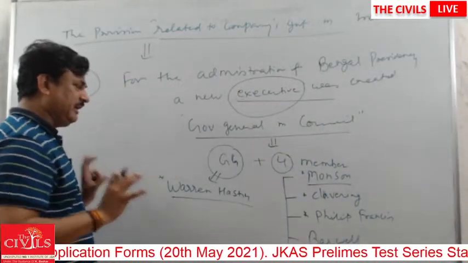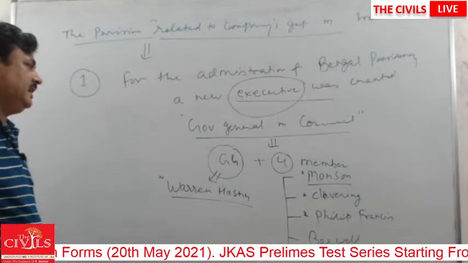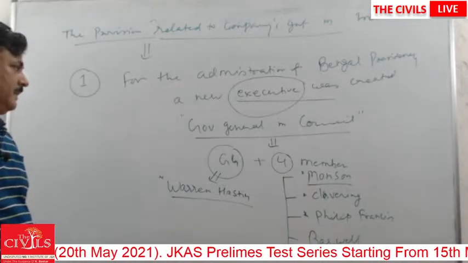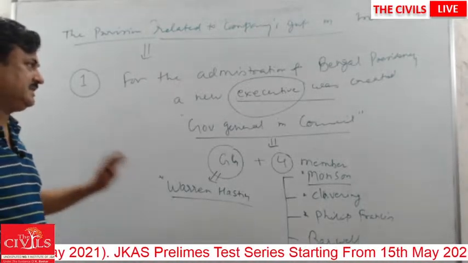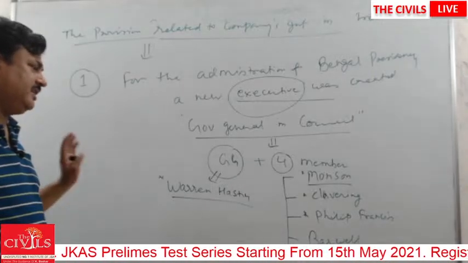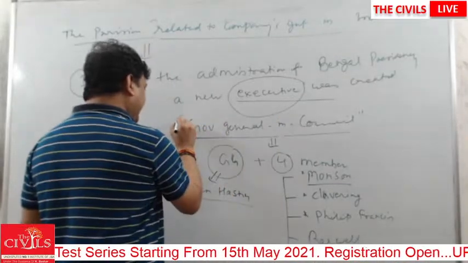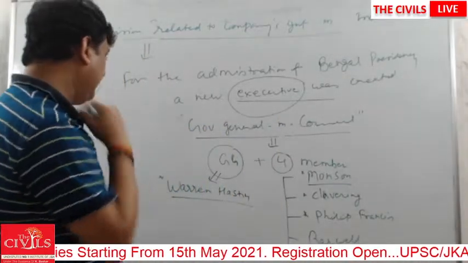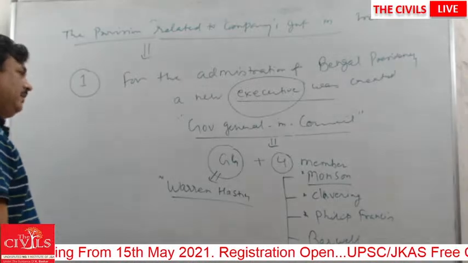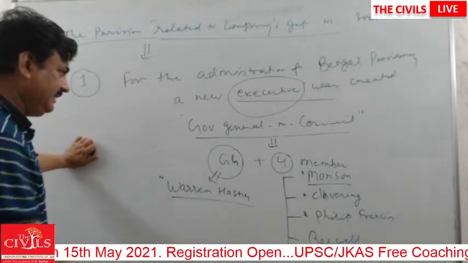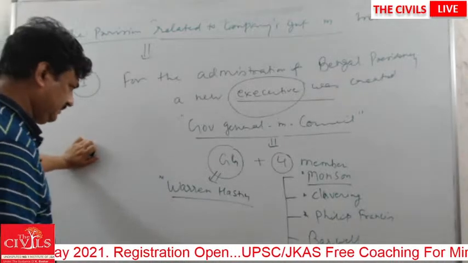This was the first executive, Governor General in Council. It was a new executive created under the Regulating Act of 1773, and this council had 5 members.